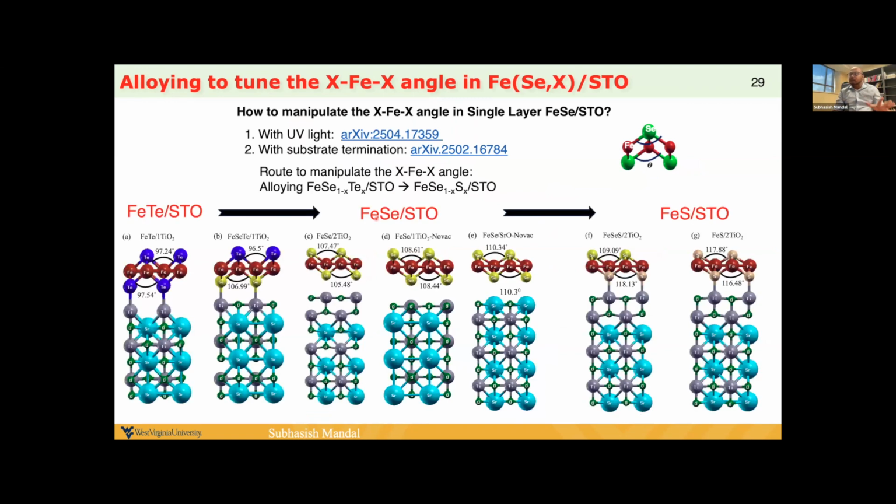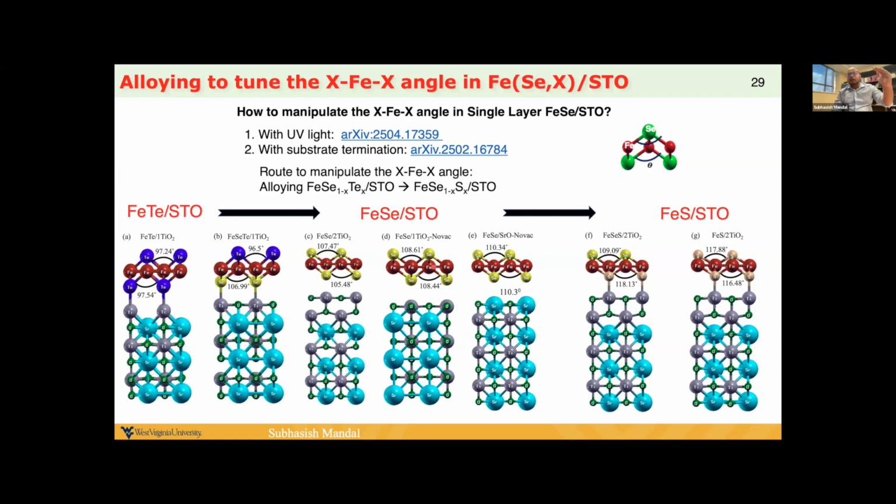So we did optimize all this heterostructure with various alloying, with tellurium to selenium, and then with different substrate, and then with sulfur, and then 50% sulfur, 50% selenium, etc. And the angles are quite different.